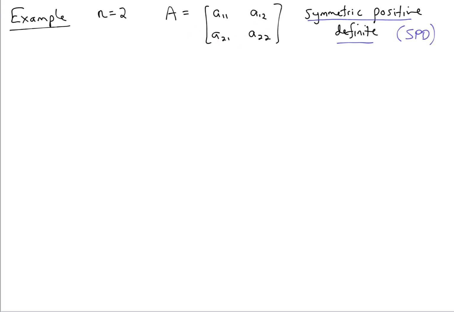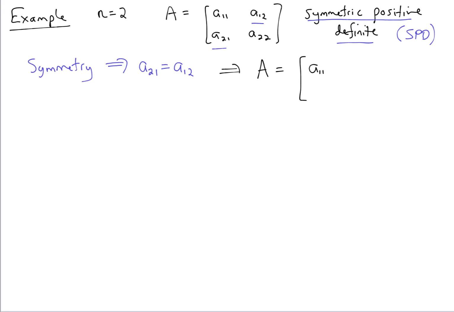And since A is symmetric, positive, definite, number one, by symmetry, we know that these off-diagonal entries must be equal. So the symmetry implies that A21 and A12 are the same. So let's rewrite A exploiting this.